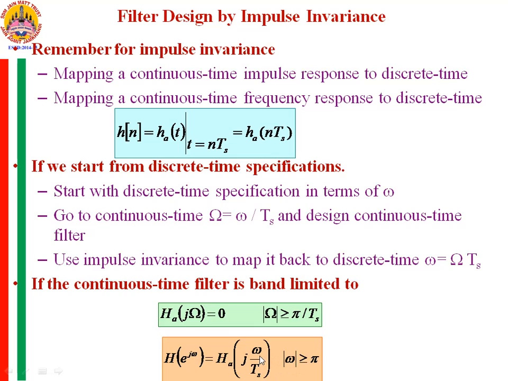So when you replace Omega by omega by Ts, the magnitude of omega will be greater than or equal to pi. So if the digital frequency specification is limited and lies between minus pi and plus pi, then Omega will be restricted from minus pi by Ts to plus pi by Ts.